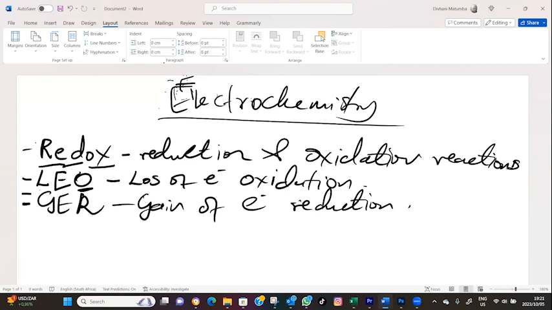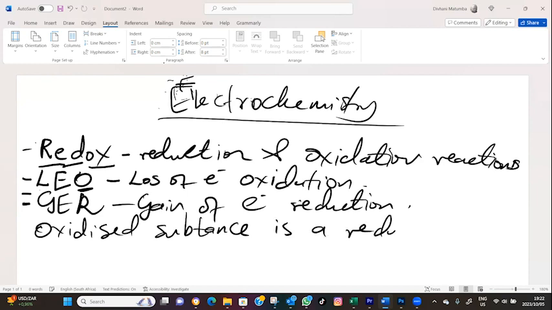Now, the substances that are oxidized: an oxidized substance is a reducing agent.